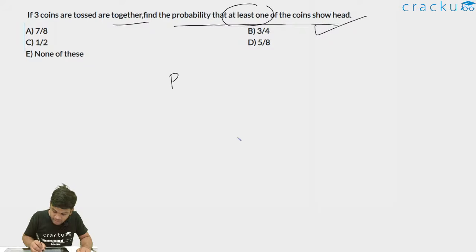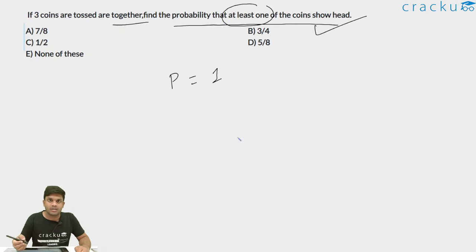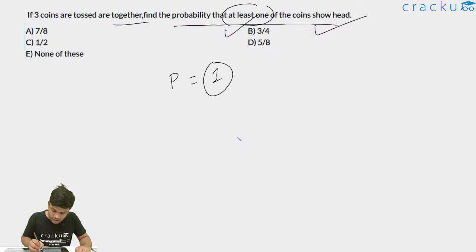So total probability is 1. Okay. We will find out the case in which no head comes. And if we subtract that case from the total probability, we will get the case in which at least one coin will show head. Okay.